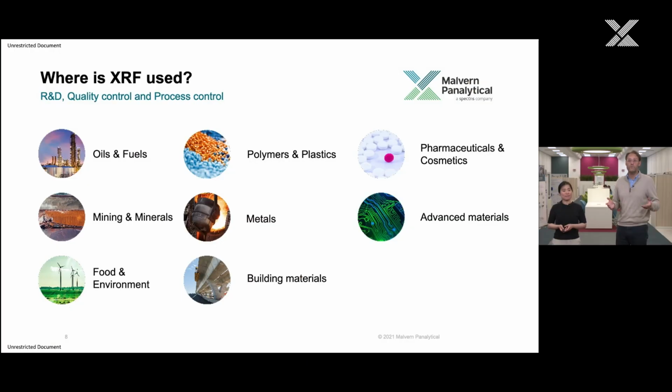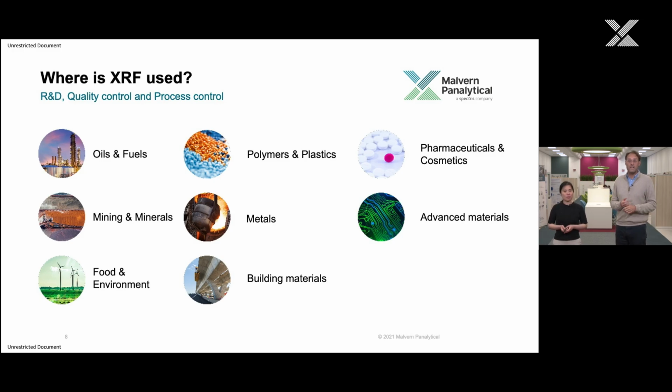We're talking about XRF, but also about elemental analysis in general. There you also see ICP, which is also elemental analysis and also has benefits, but we see that XRF has benefits over ICP. If we look at where the elemental analysis techniques XRF, ICP, and ICP-MS are used, it is in many industries where you have to do quality control, process control, and R&D facilities for development and research.